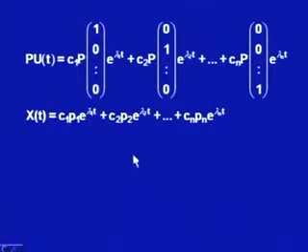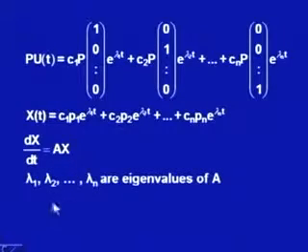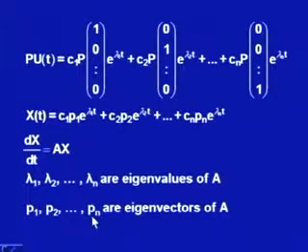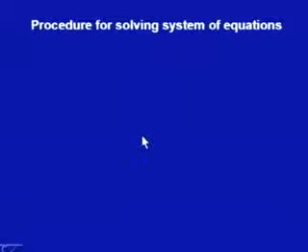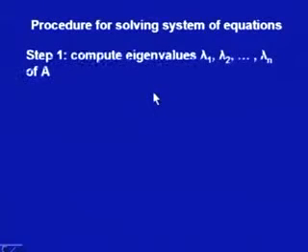So, if dx by dt is equal to Ax, and lambda 1, lambda 2, lambda n are eigenvalues of A, and P1, P2, Pn are eigenvectors of A, then the solution of this differential equation is expressed in terms of eigenvalues and eigenvectors. This gives us a procedure for solving a system of equations.